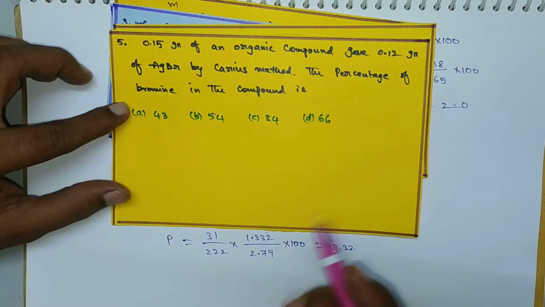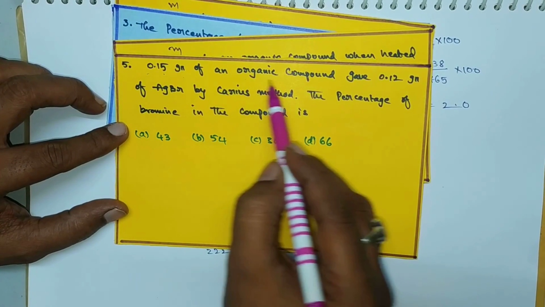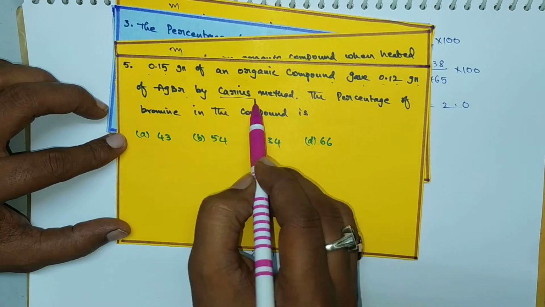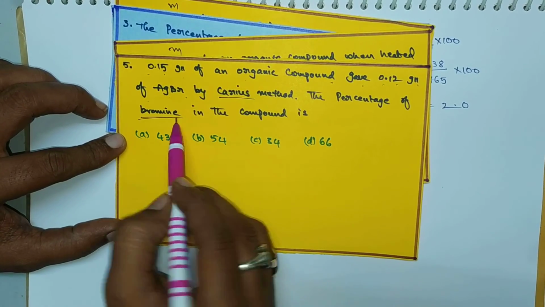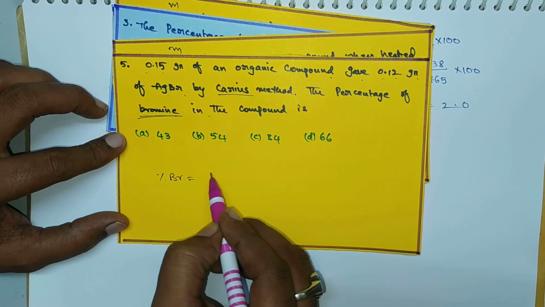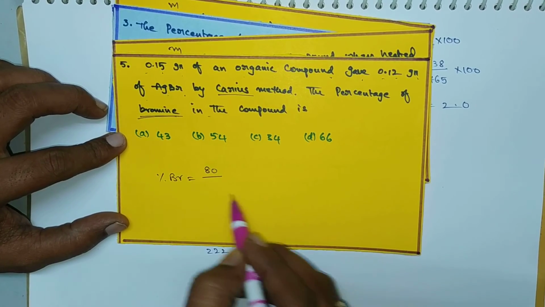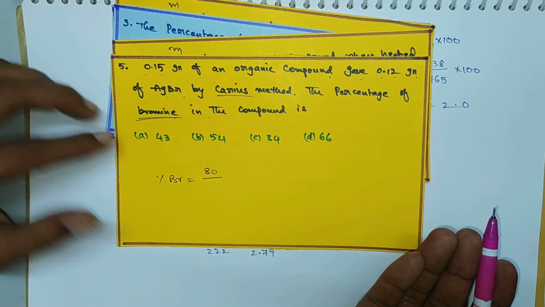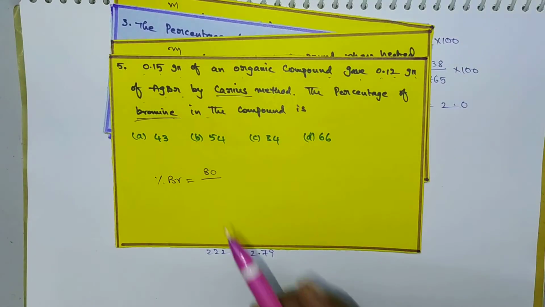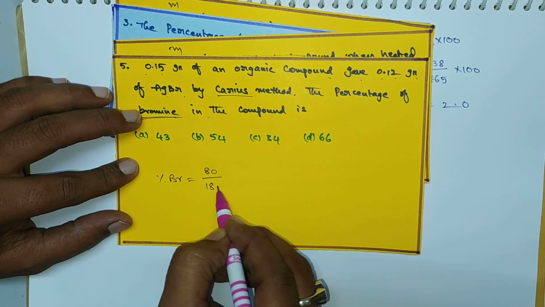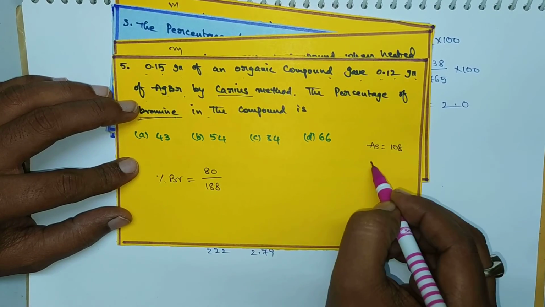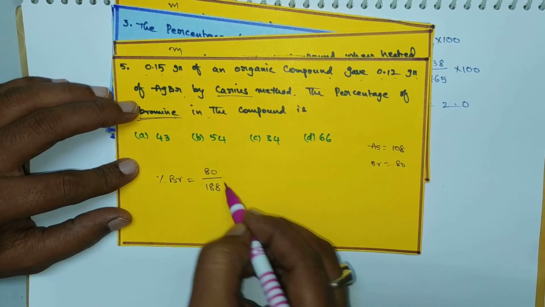And next one: 0.15 grams of an organic compound gave 0.12 grams of silver bromide by Carius method. The percentage of bromine in the given compound is asked. Percentage of bromine is equal to the atomic weight of bromine, 80, and bromine is converted into silver bromide. What is the molar mass of silver bromide here? It is 188: silver's atomic weight is 108 and bromine is 80, so 188 into m1.